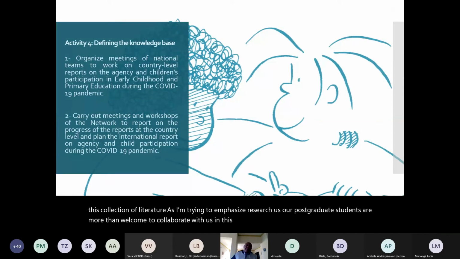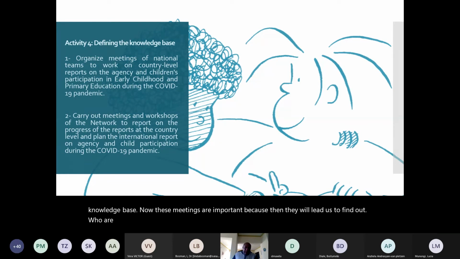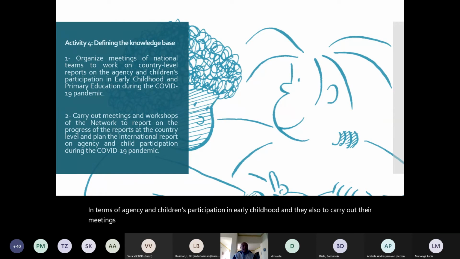Now, activity number 4 involves defining the knowledge base. These meetings are important because they will lead us to find out who the players are in terms of agency and children's participation in early childhood, and also to carry out meetings and workshops where necessary.